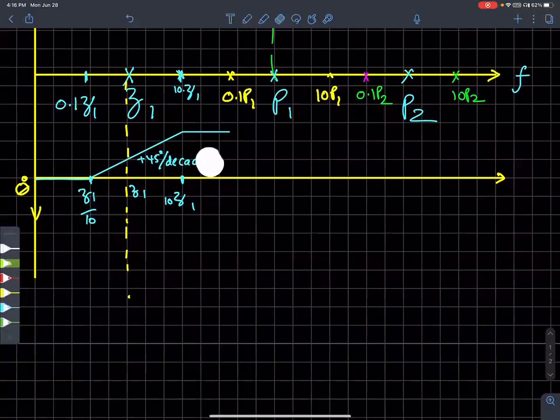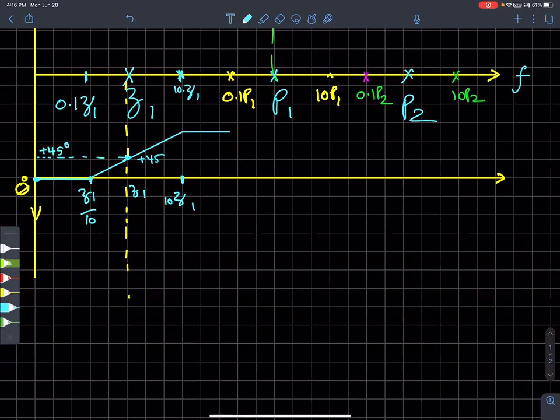Meaning that if the frequency is going up tenfold, the phase shift is going to be 45 degrees. So at Z1, there's going to be an increment of 45 degrees to the original phase.